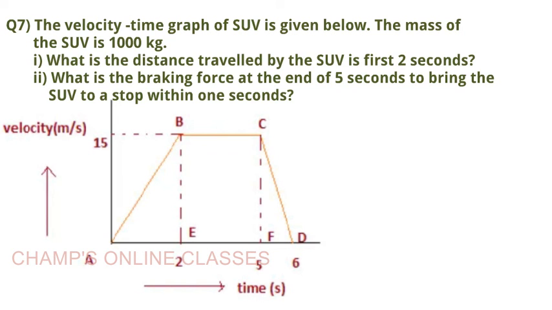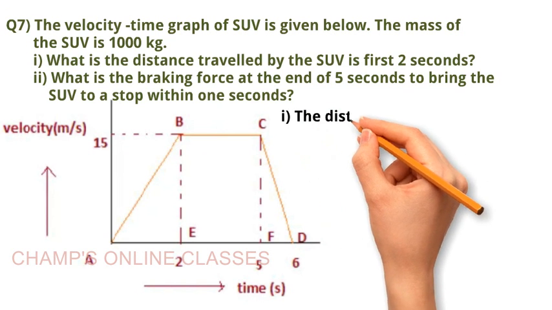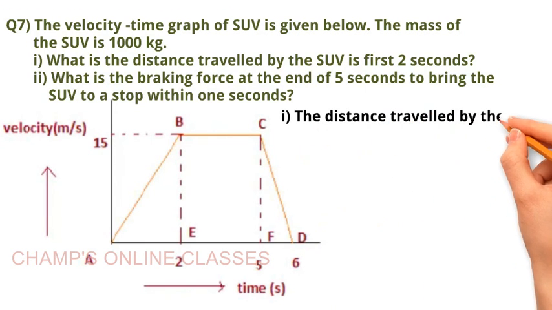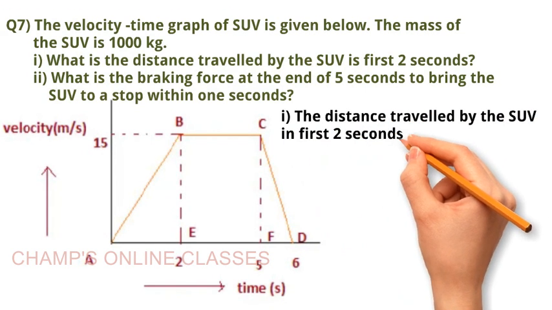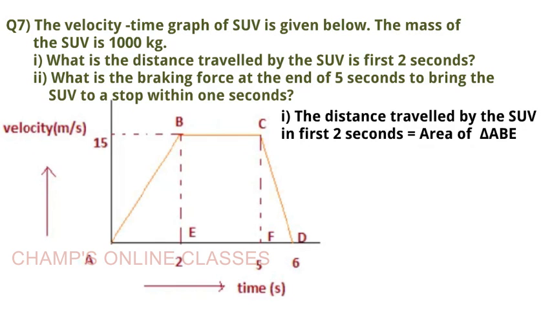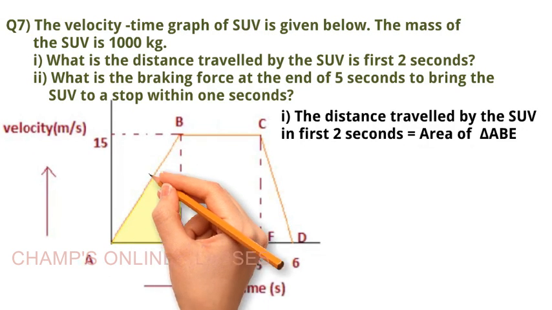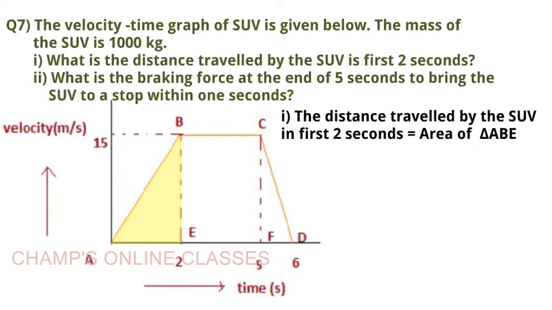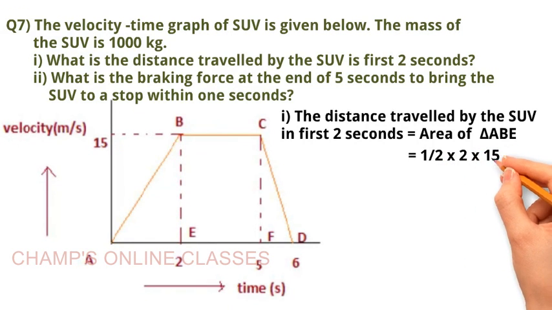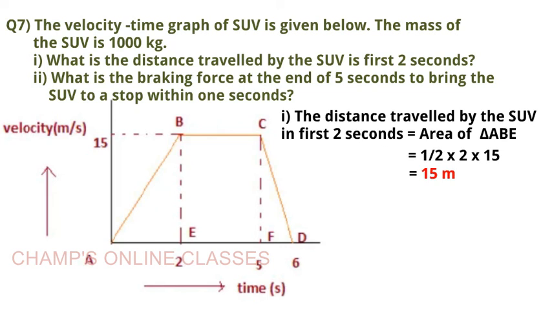within 1 second? Now here we know that the distance traveled by the SUV in first 2 seconds will be area of triangle ABE, which is half into base into height, that is half into 2 into 15, which is 15 meter. Now to calculate force, we need acceleration.